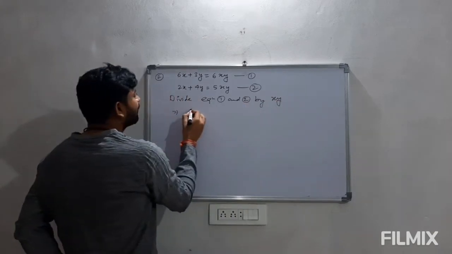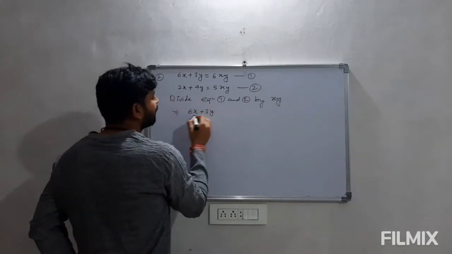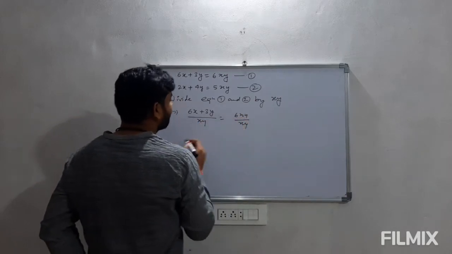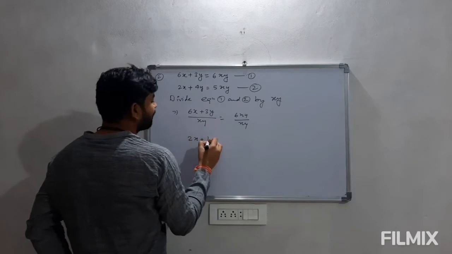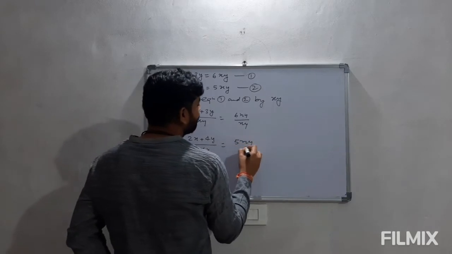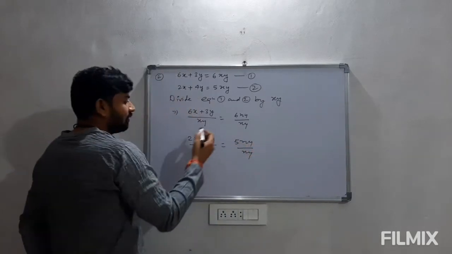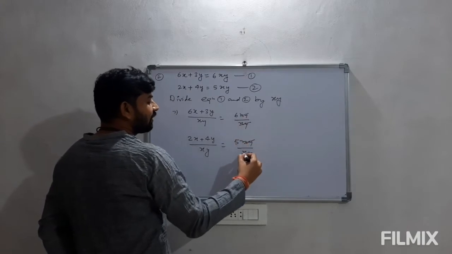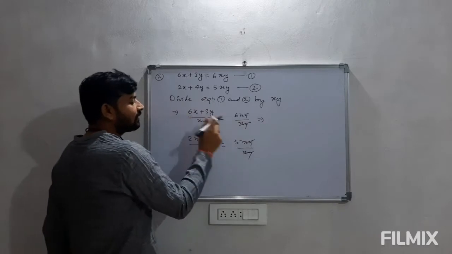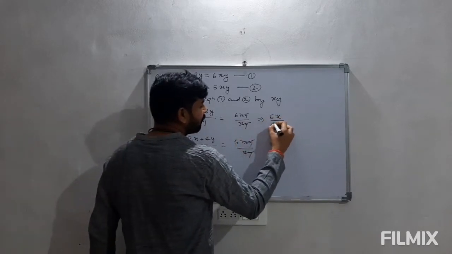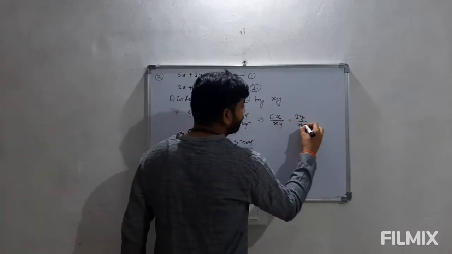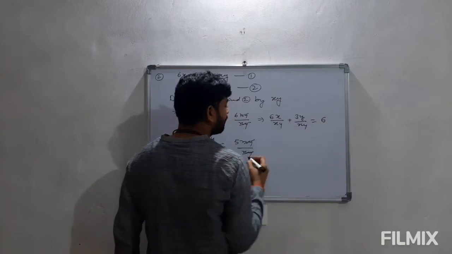So from here what we will get, 6x plus 3y upon xy is equals to 6xy upon xy, and in second equation we will be getting like this, 5xy upon xy. So when we look at this, now this xy and xy is cancelled, and if we separate these two terms, न्यूमरेटर में अगर हम देखें तो दो टर्म है, 6x अपॉन xy, इन दोनों को हमने सेपरेट कर दिया, 3y अपॉन xy, and here we have a constant now 6.